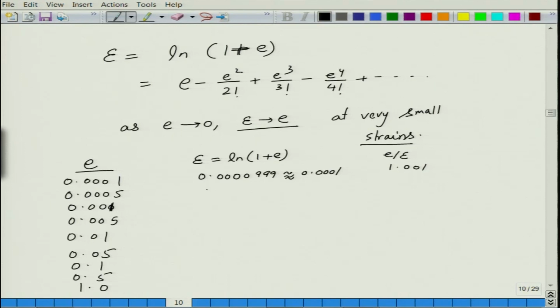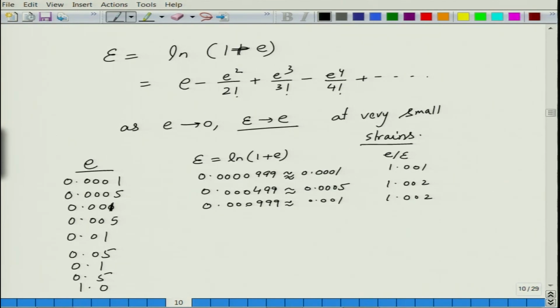If you calculate for 0.0005, this turns out to be 0.0004999, and this is equivalent to 0.0005, and the ratio turns out to be 1.002. And if you do for this, this is 0.000999, and this turns out to be 0.001, ratio is nearly 1.002.